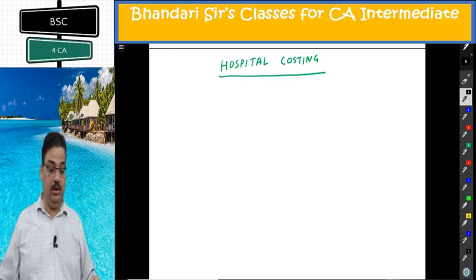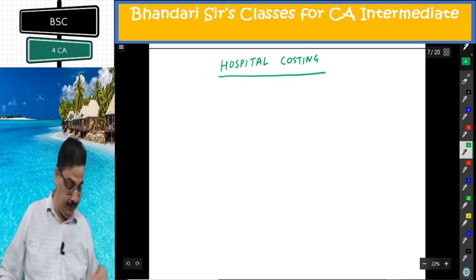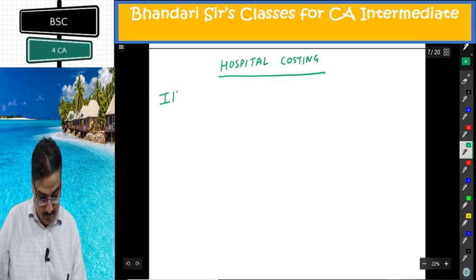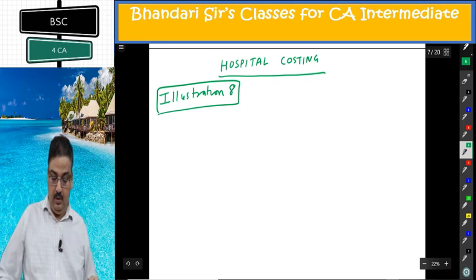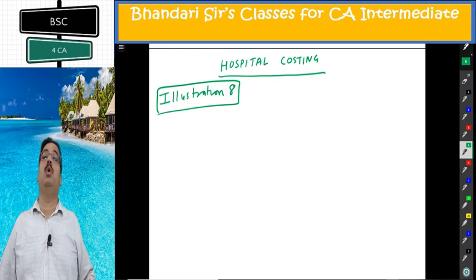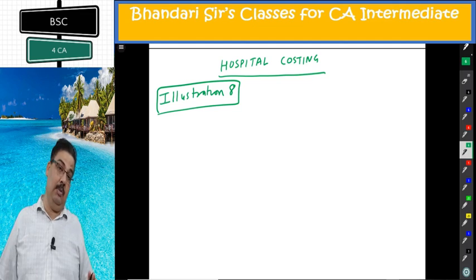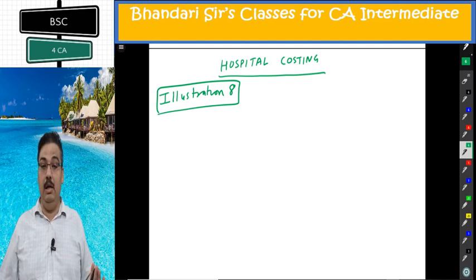So this is what we are going to apply. Let's go on to this illustration number 8. I'll make a working note to calculate variable cost, fixed cost, then total cost. Revenue minus variable cost is contribution, minus fixed cost is my profit.